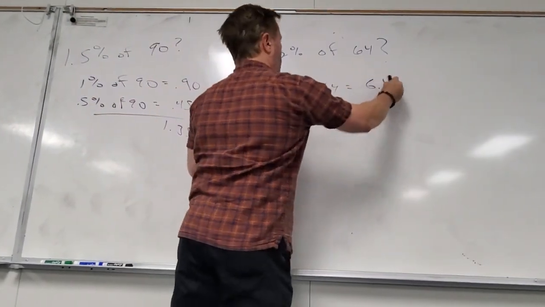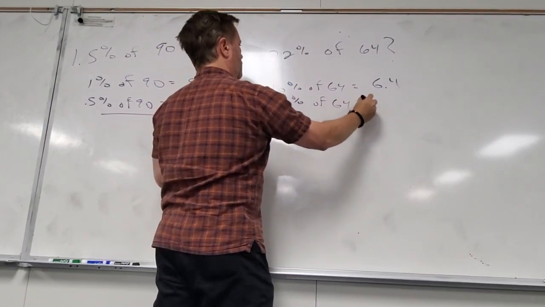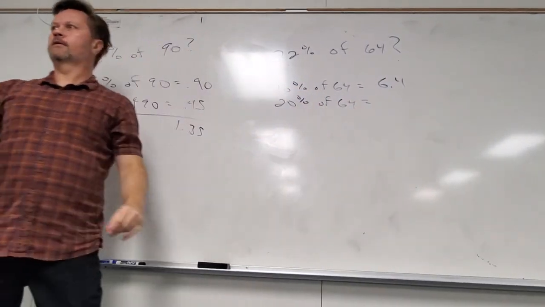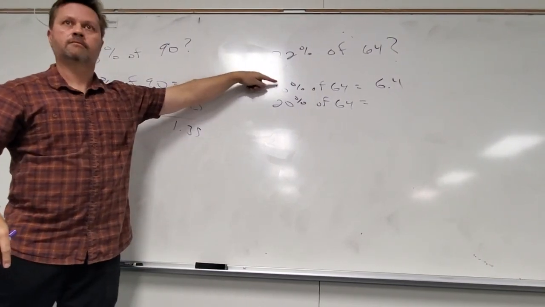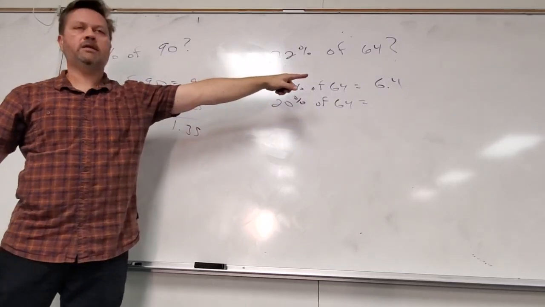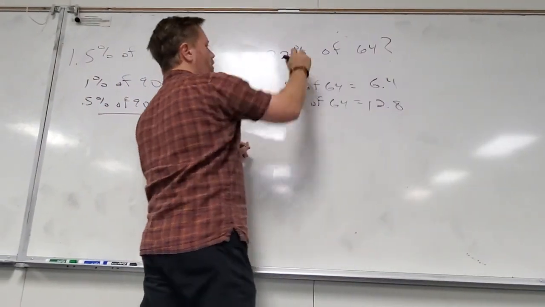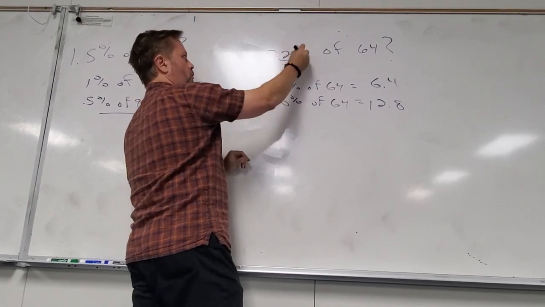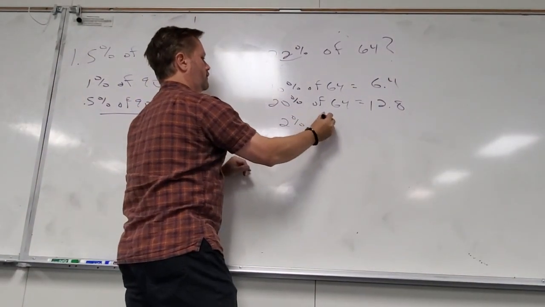So what's 10% of 64? 6.4. So what's 20% of 64? Not half, because I doubled, so that'll be double that. What's that? 12.8. Now let me see, aren't I just missing 2%? So what's 2% of 64?